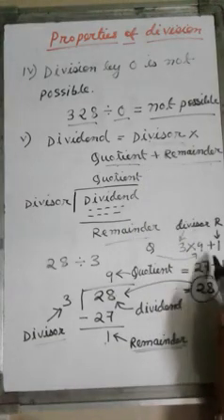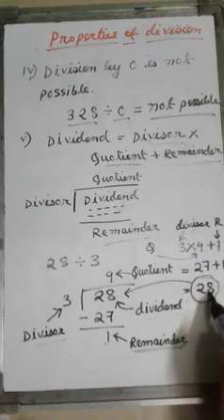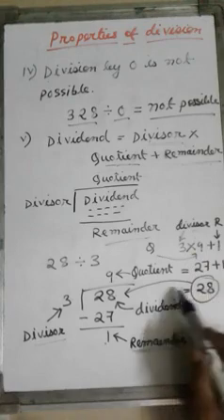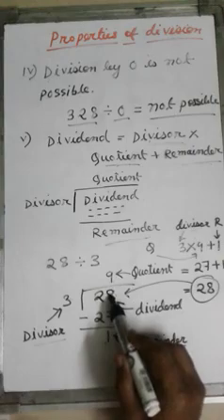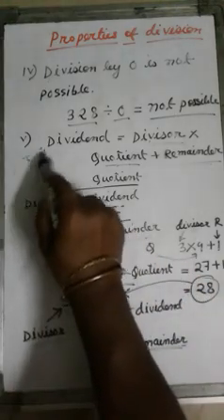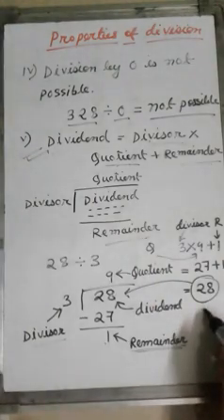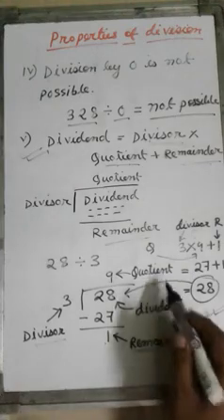So 3 into 9 is 27, plus remainder 1, that is 28. This 28 is equal to the dividend 28. So this property is proved by just doing this calculation. In your exam, you will be given to find the quotient and remainder.